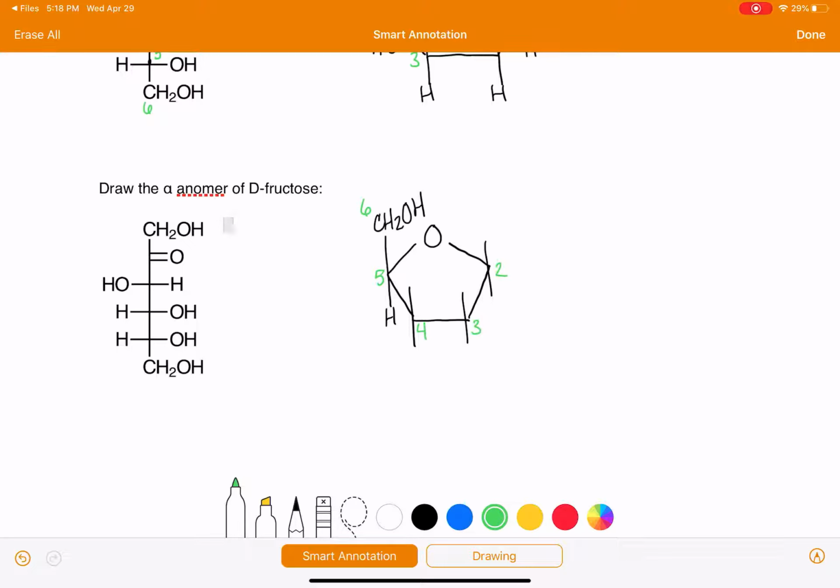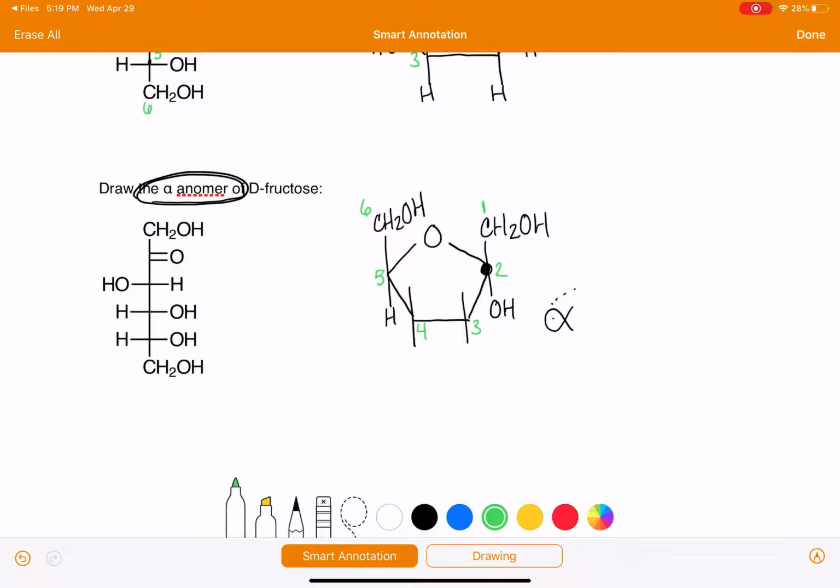And we don't know for sure where carbon number 1 is yet. I'm going to look at the directions. The directions are telling me to draw the alpha anomer, which means that on my anomeric carbon, I want the OH group down. And that means, because the OH group is down, that the carbon, CH2OH, has to be up. So there's carbon number 1.